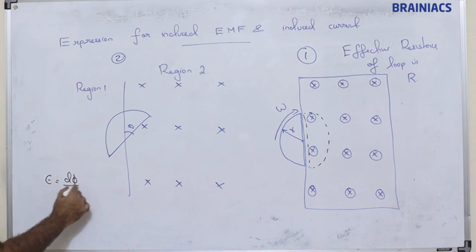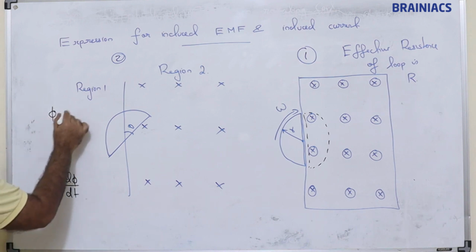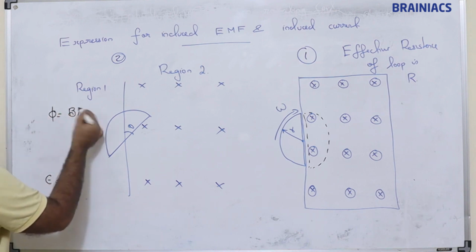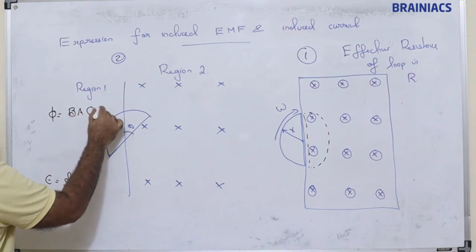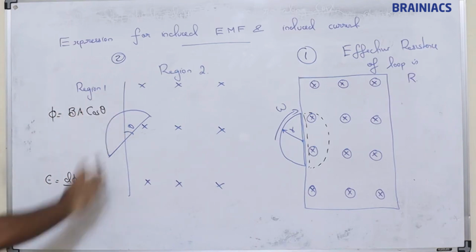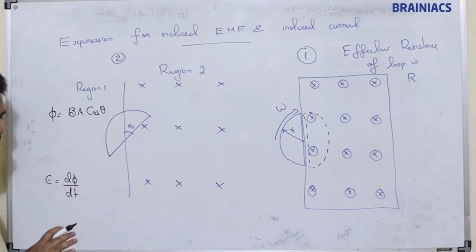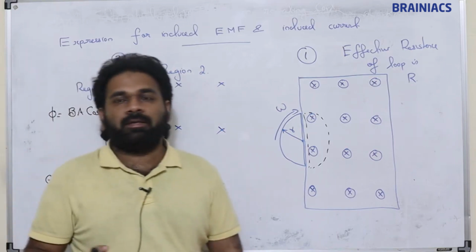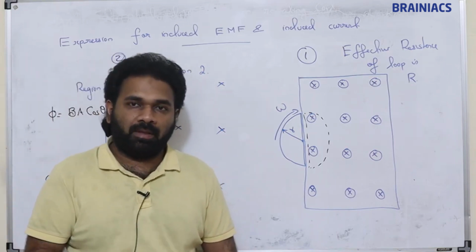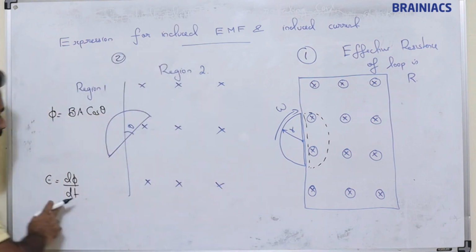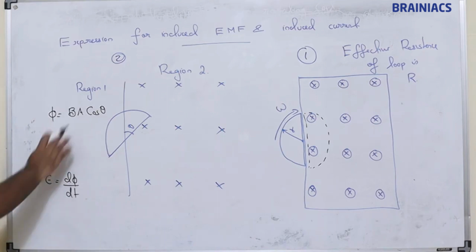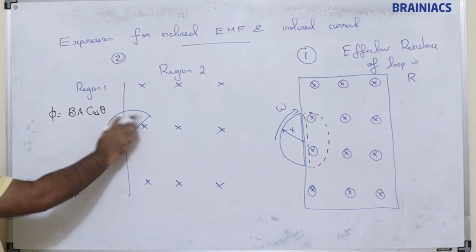D phi divided by dt, and phi is what? Phi is BA cos theta. So if we try to find the instantaneous value of EMF, then E is equal to d phi by dt, and phi is equal to BA cos theta.